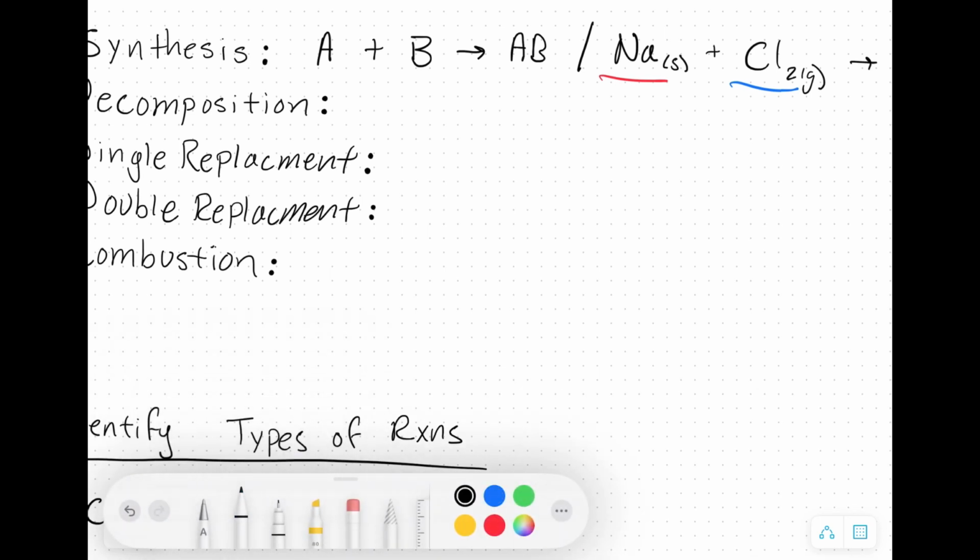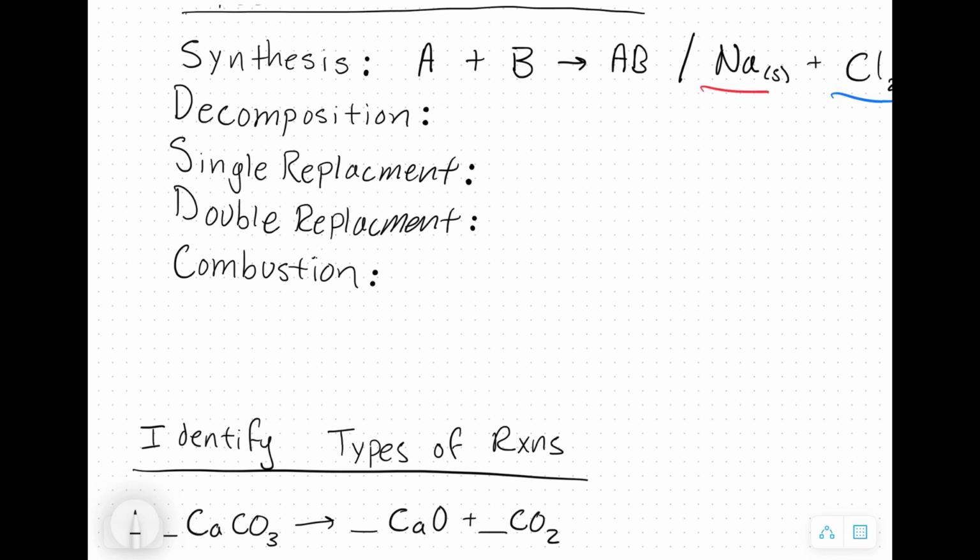Our second type is going to be the opposite of that, a decomposition reaction. Our general formula would be like AB, some kind of compound, and then after the reaction, those 2 will be separated.